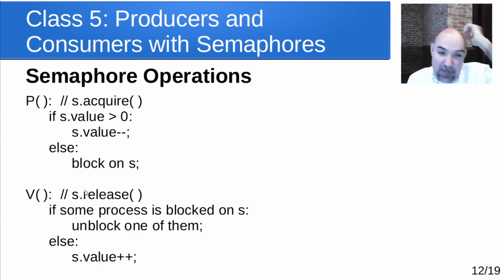And now V, on release, when we hit this, we say, if some process is blocked on semaphore S, there's somebody waiting for this, then I'm going to unblock one of them. Otherwise, I'm going to put it back. So think again of this like a key at a gas station for the restroom. Basically, acquire is, if there's a key available, take one of the keys, subtract 1 from how many are available.